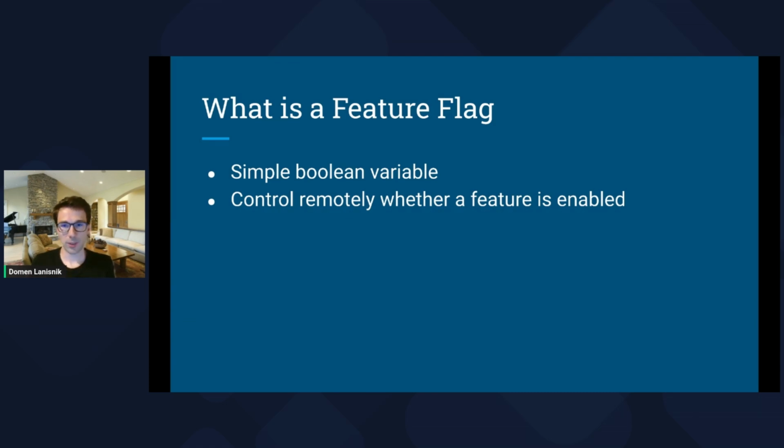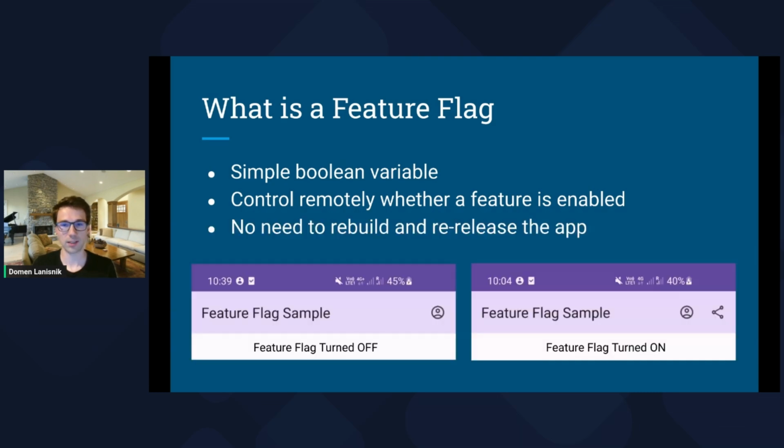But what we're talking about today are runtime feature flags, which means they are controlled remotely through either an online service or your backend or some other cloud provider. And essentially, this means that you can turn on or off a feature without having to rebuild the app.